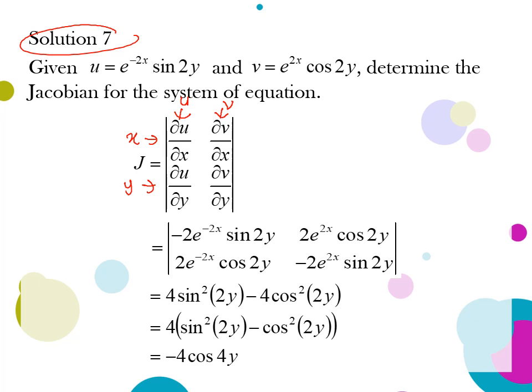So it will be different. In the previous solution, I treated my first row for my first function and the second row as my second function, while for the columns, I treated the first column for my first variable and the second column as my y, to partially differentiate my second variable.